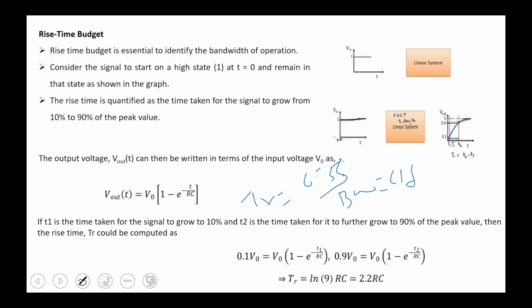So how much bandwidth is required for return to zero and non-return to zero format? For return to zero it's B, and for non-return to zero it's B by 2, half the bandwidth. Why? Because it doesn't go to zero, no? Okay.